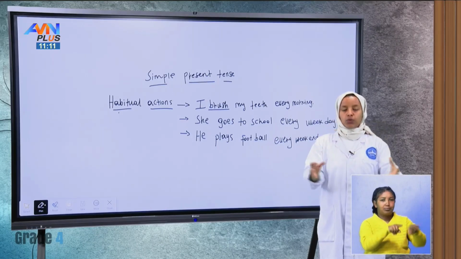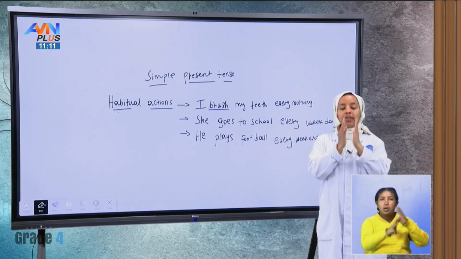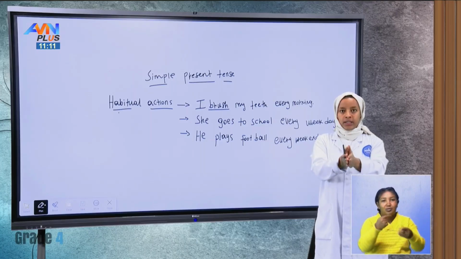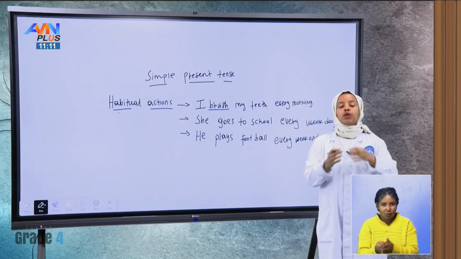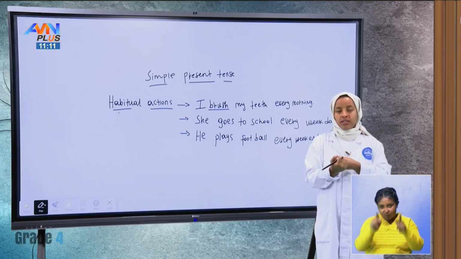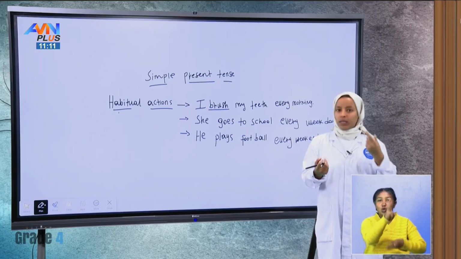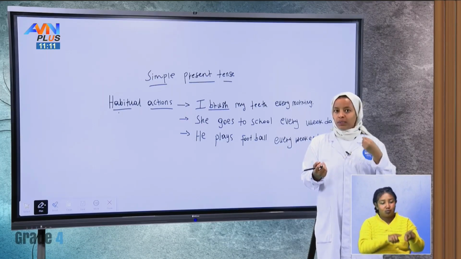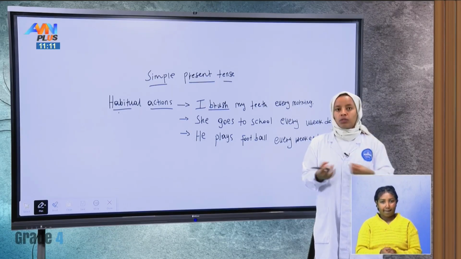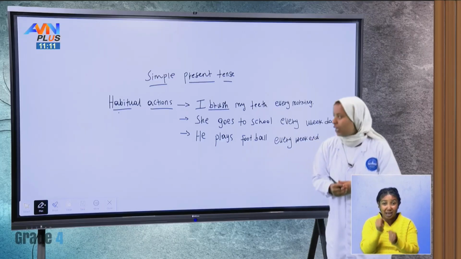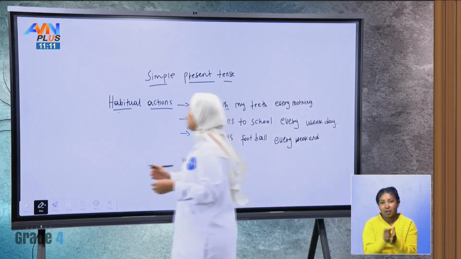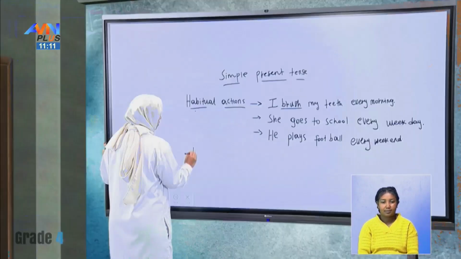When we say universal truths, the people who live in this world agree with that thing. So we can use simple present tense to show what? Facts or scientific truths.